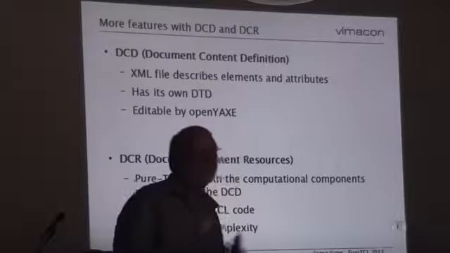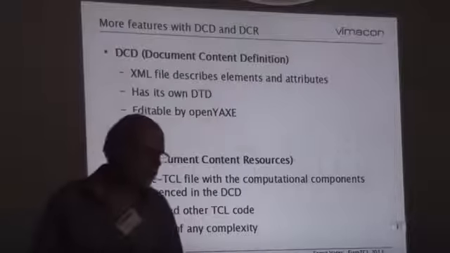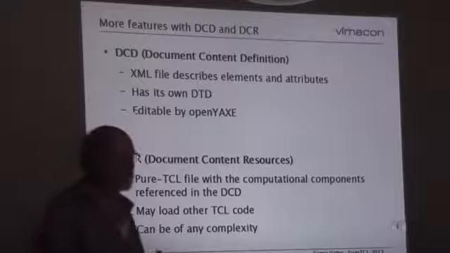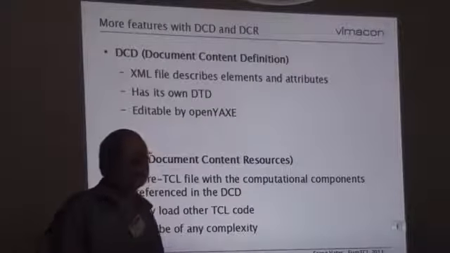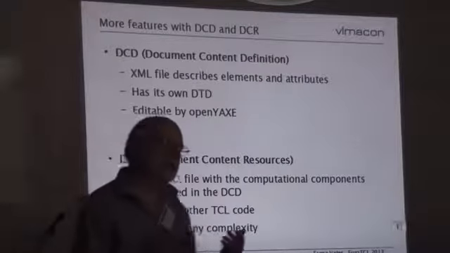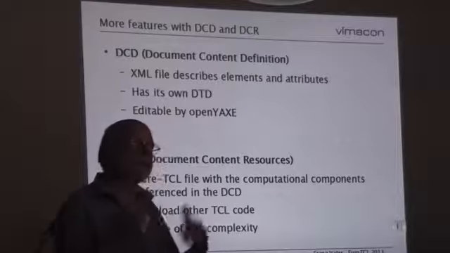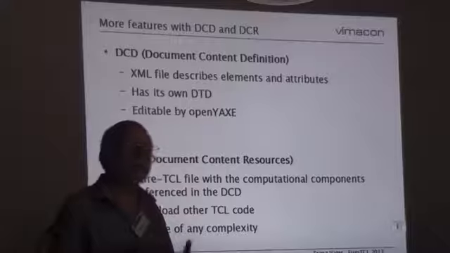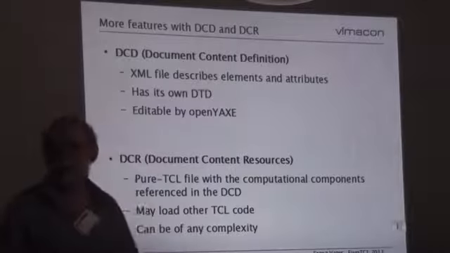We introduced two more file types: DCD, document content definition, and DCR, document content resources. These two files you don't need, as you have seen, but they are helpful. DCD is by itself an XML file which describes the legal content of your XML file.